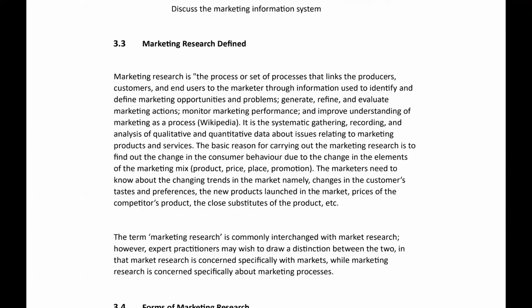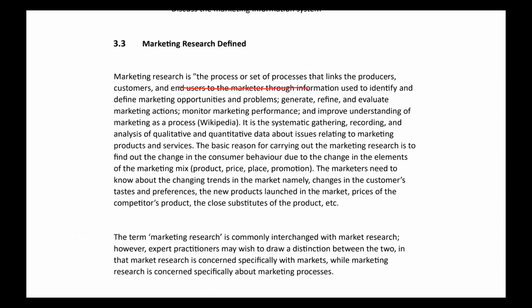So marketing research is defined as the process, or set of processes, that links the producers, customers and end users to the marketer through information used to identify and define marketing opportunities and problems, generate, refine and evaluate marketing actions, monitor marketing performance, and improve understanding of marketing as a process.